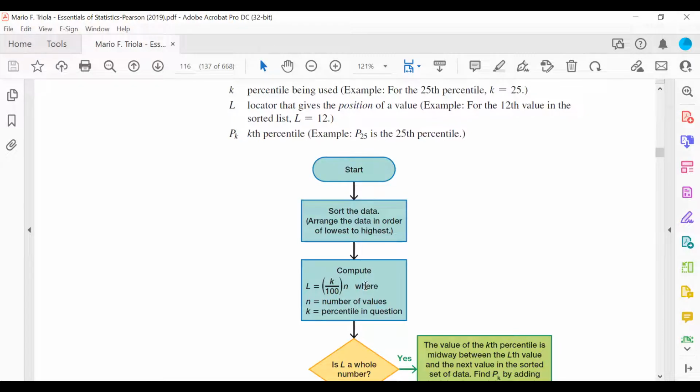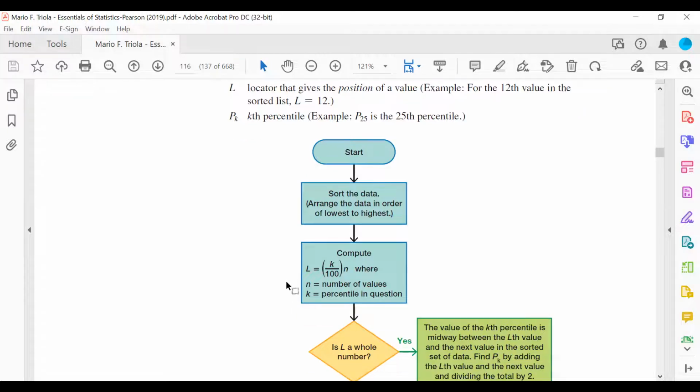K is the percentile, you don't have to change it to a decimal, it's just whatever the number is. And N is the total number of values. Right? Okay, you compute your L.